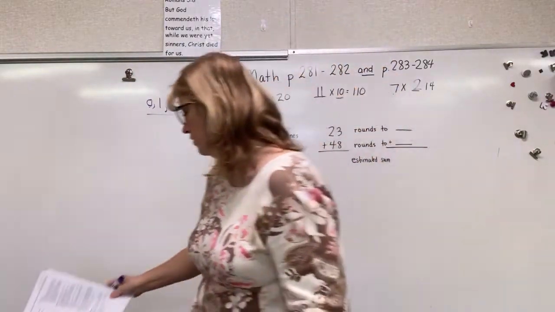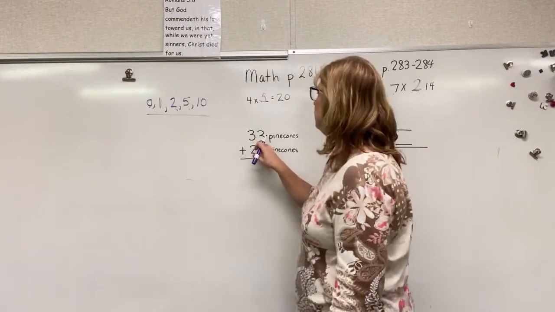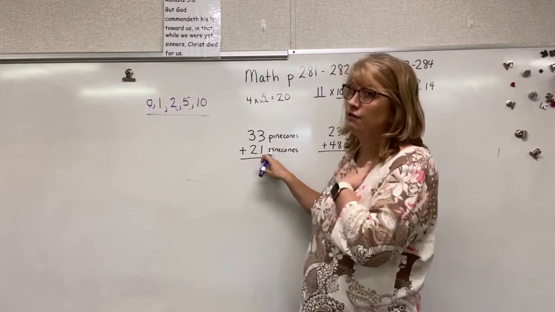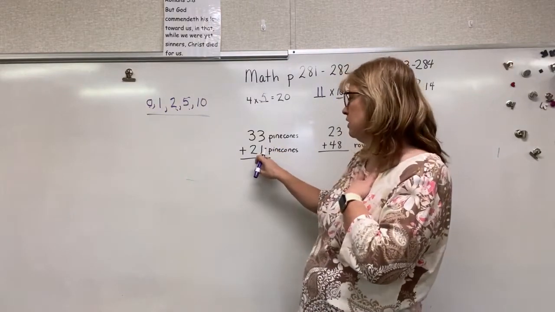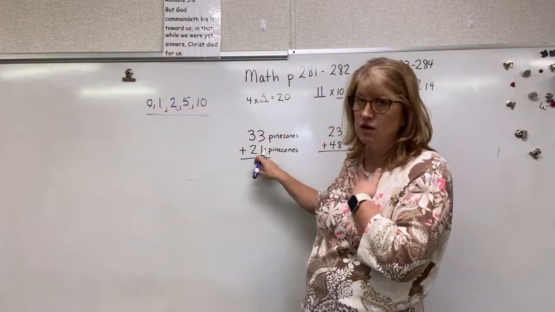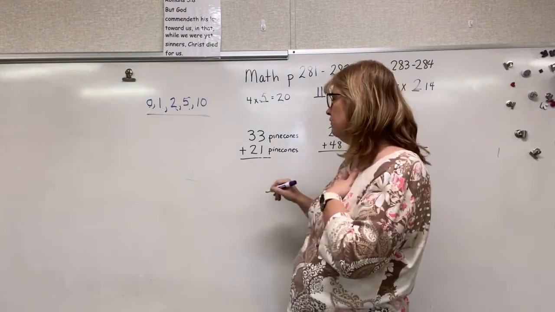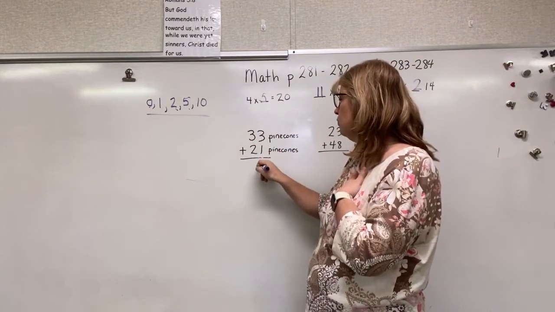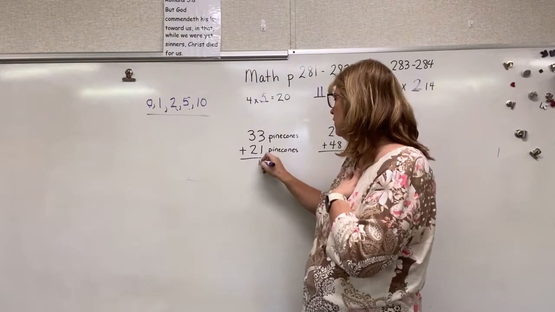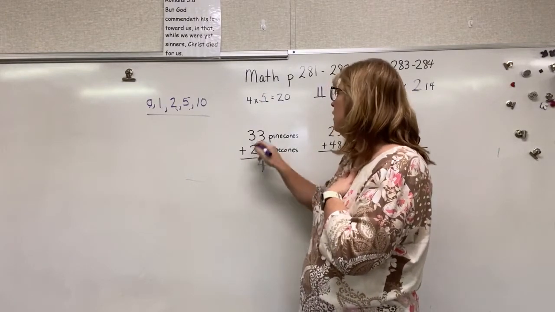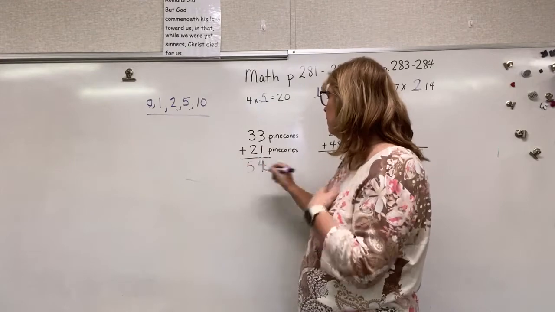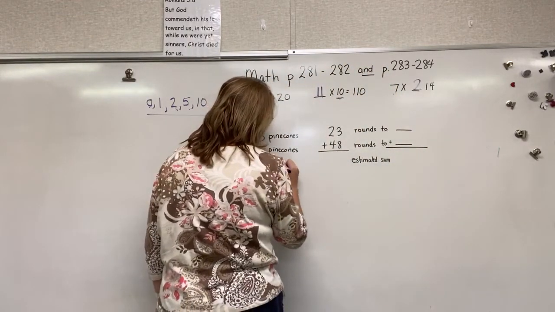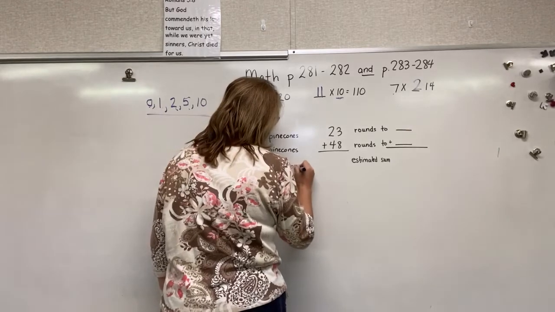Anyway, so let's say I found 33 pine cones, and Johnny found 21 pine cones. And we want to know how many pine cones we have all together by adding. So we do 3 plus 1 equals 4. And 3 plus 2 equals 5. And we have to label what it is.